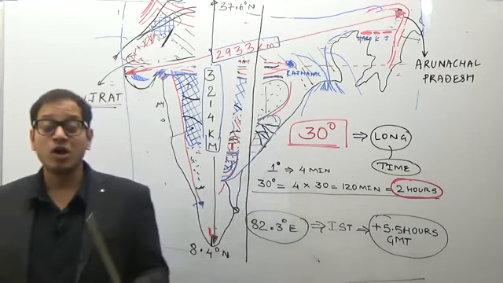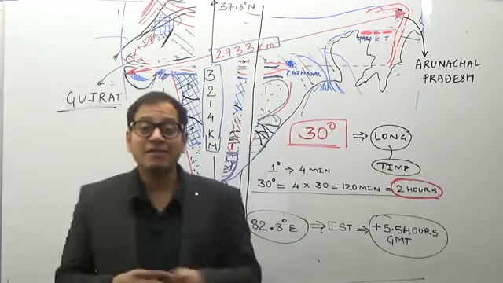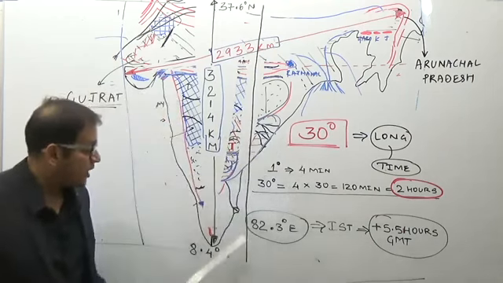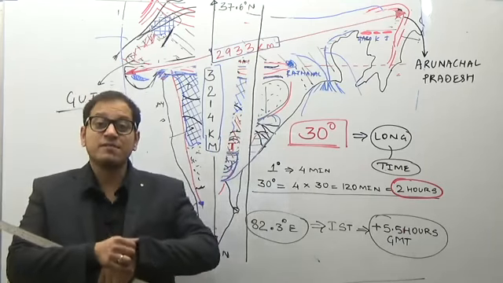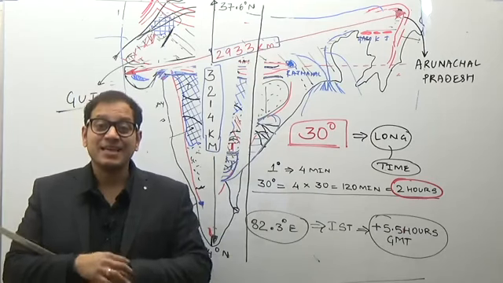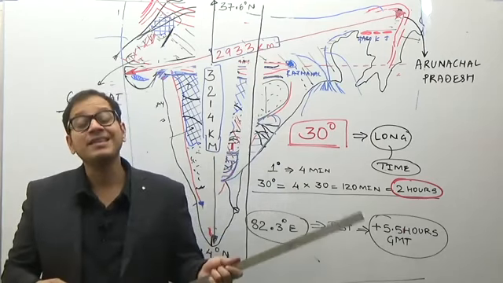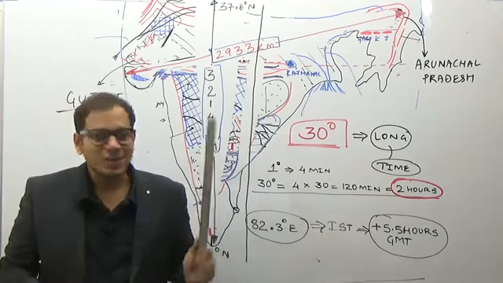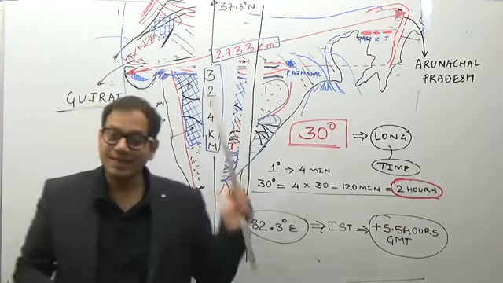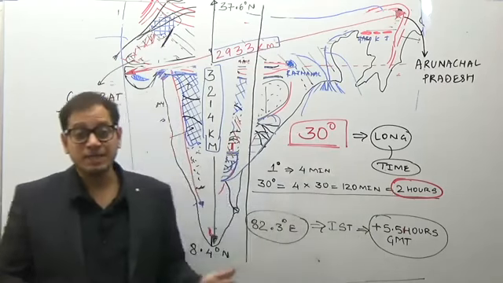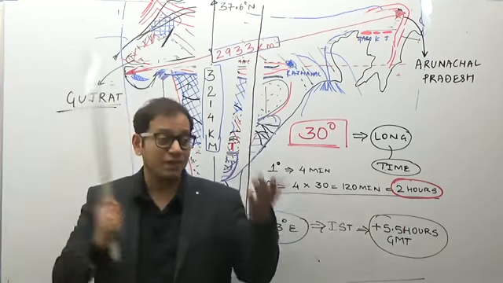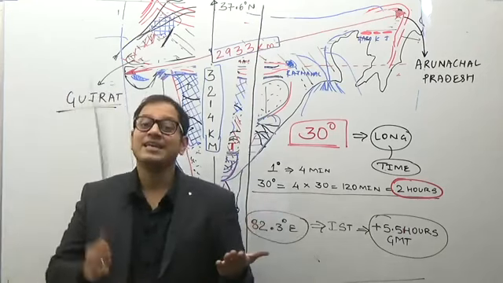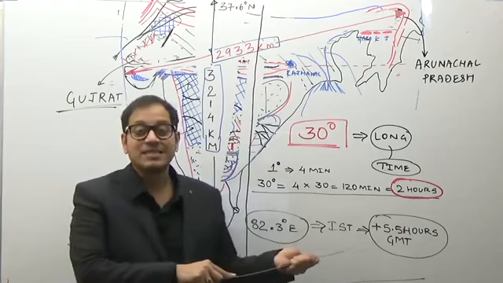So if it's 1 o'clock in London, our clocks on the basis of this 82.5 degree east are 1 plus 5.5, that is 6.5, in the morning or evening. We are to the east, so we will be ahead of Greenwich Mean Time. Therefore the plus means the evening. So if it's afternoon 1 o'clock in London, in India it is evening 6:30.